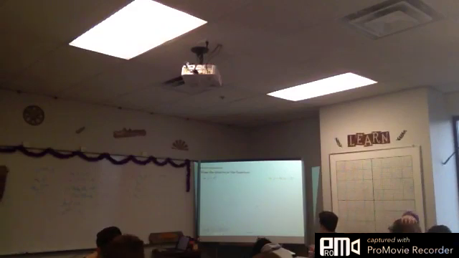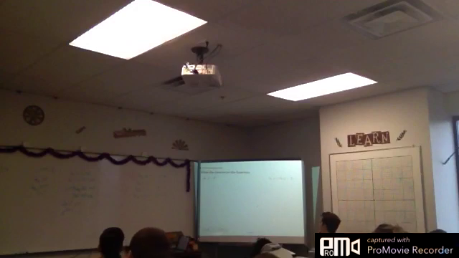So y equals 6 to the x, okay? If I want to find the inverse of that, this is what you're going to do. Normally you would switch x and y, and that would put y in the exponent spot, correct?